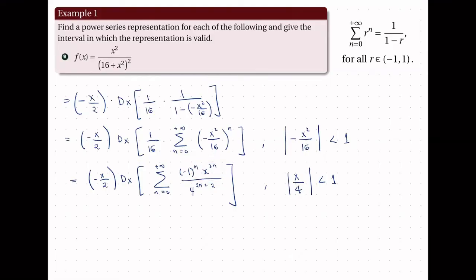Okay? So we write this now as negative x over 2 times the summation from n equals 0, okay, to positive infinity of negative 1 raised to n times 2n times x raised to 2n minus 1 over 4 raised to 2n plus 2.